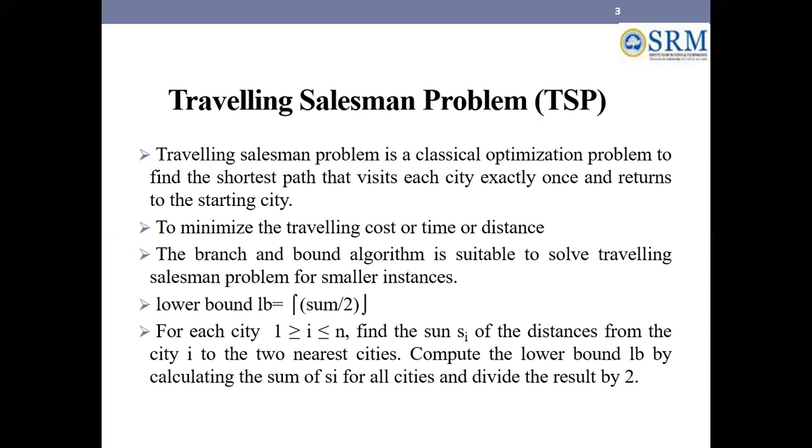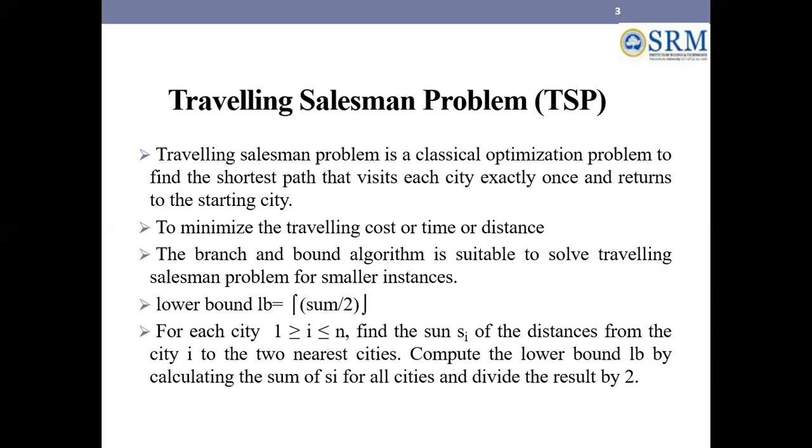We are taking a lower bound value LB. So how can we find the LB value? That is ceil of sum by 2. Ceil of sum by 2. So for each city i equal to 1 to n, find the sum Si of distances from city i to the nearest cities.